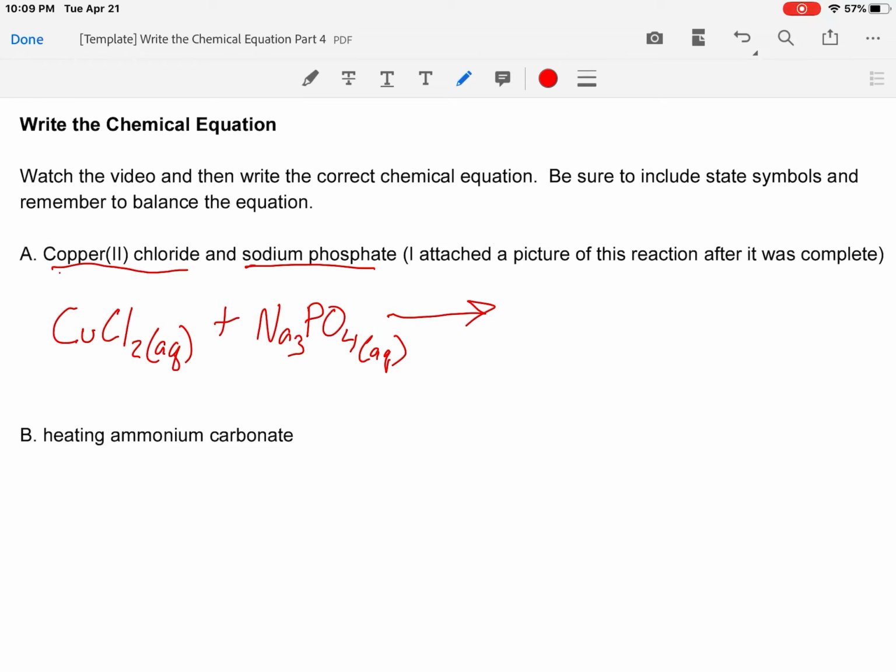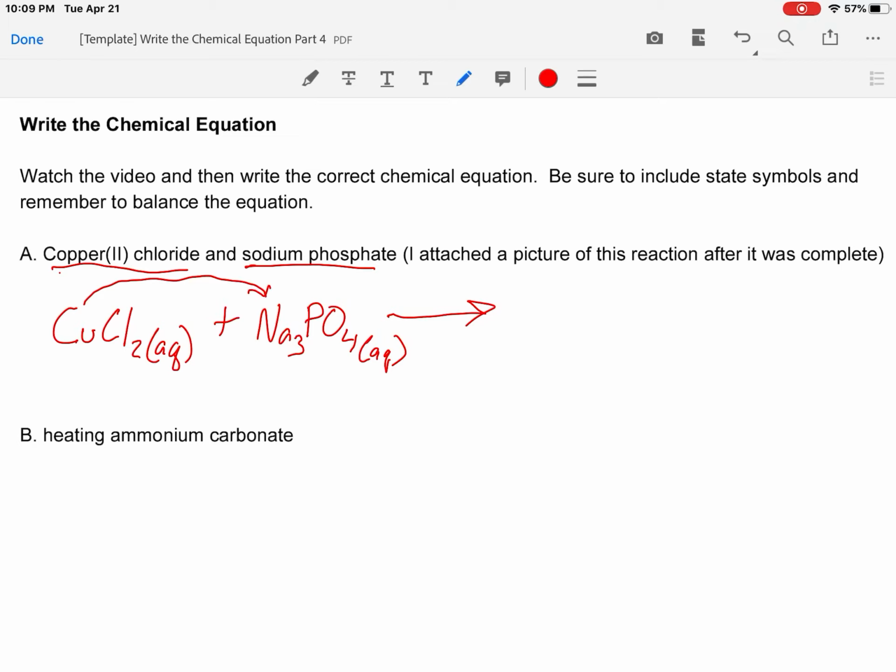All right, so I don't think I told you what type of reaction this was, but as I was talking about the other day, if it's going to fit into one of our 5 categories, then they all have a certain look to them. And so right off the bat, you can kind of tell what this is going to have to be. We've got 2 ionic compounds in solution, and so what that means is that they are going to trade partners.